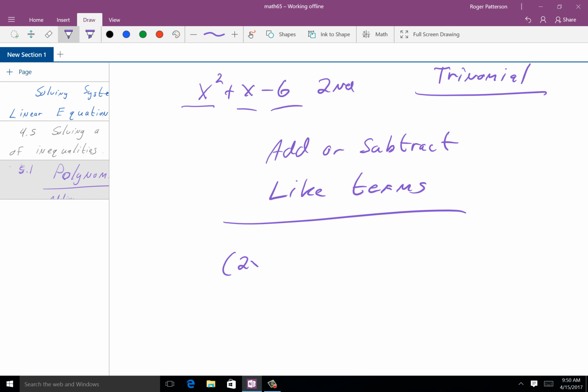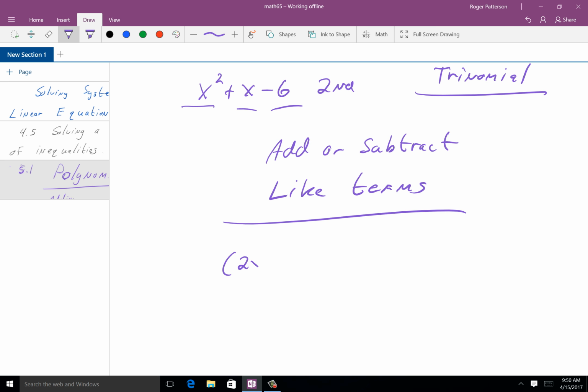What's our first one going to be? x to the 4 plus 2x to the third. Yep, keep going. 12x to the what? Squared.